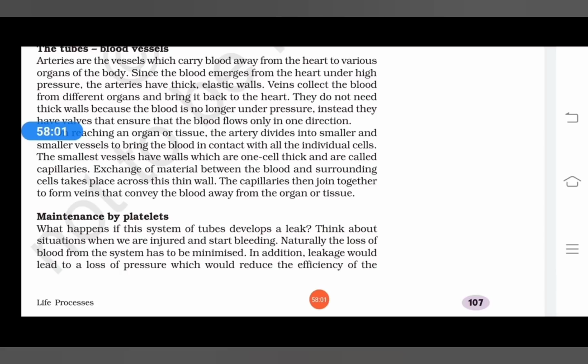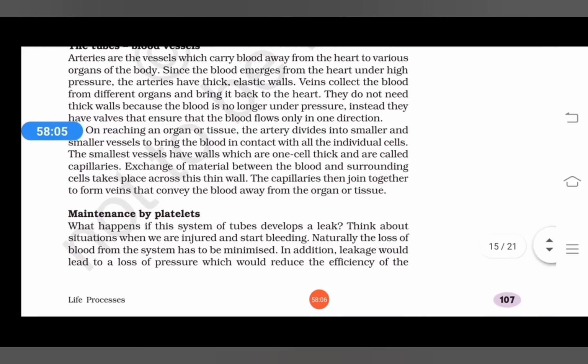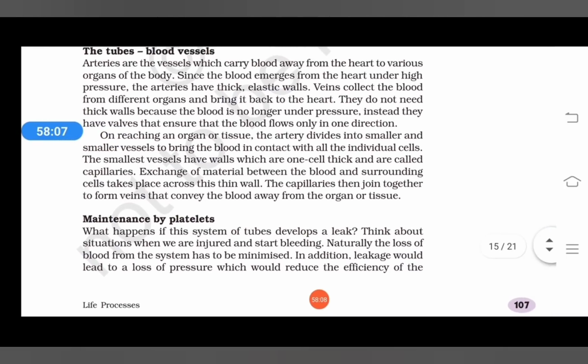Veins collect the blood from the different organs and bring it back to the heart. They do not need thick walls because the blood is no longer under pressure. Instead, they have valves that ensure the blood flows only in one direction.